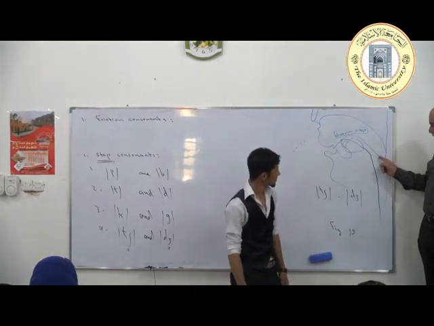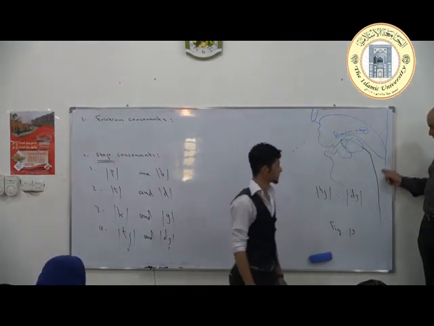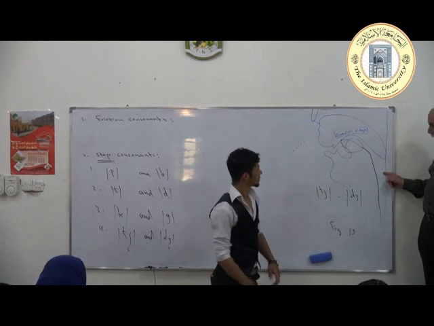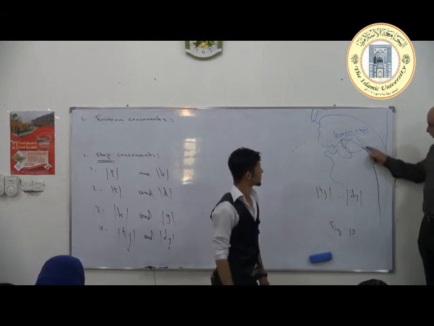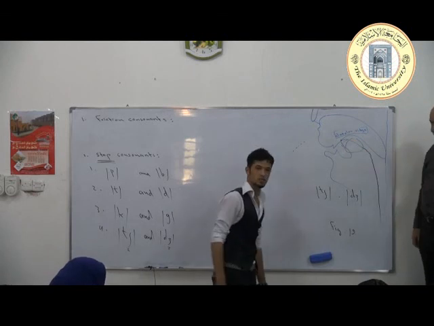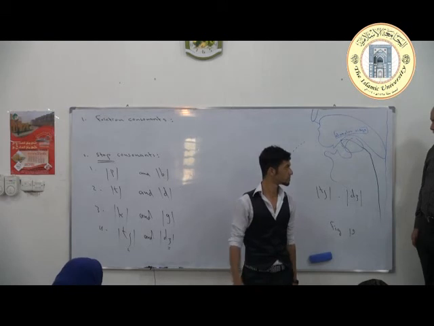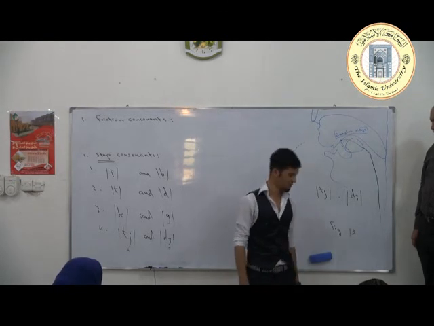You mean the soft palate is raised in order to trap the air here? Yes, and then it will emerge from this place. And when you lower the tip of the tongue, it makes ch and j. That's all right. Thank you.